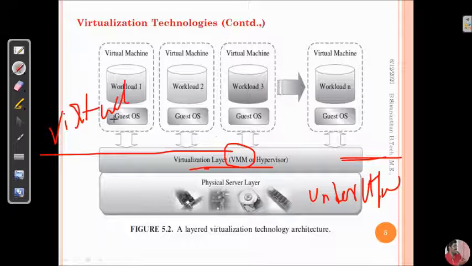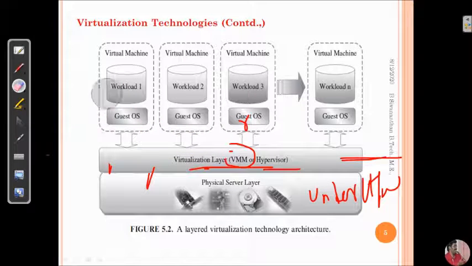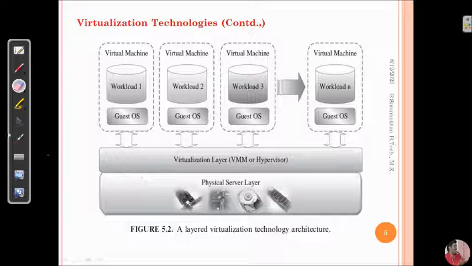VMM is otherwise called a hypervisor. This hypervisor has to be placed above the physical server layer. Just look at the term physical server layer, which means that this server exists physically.